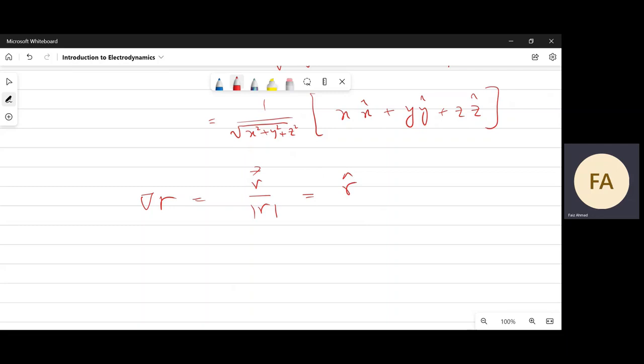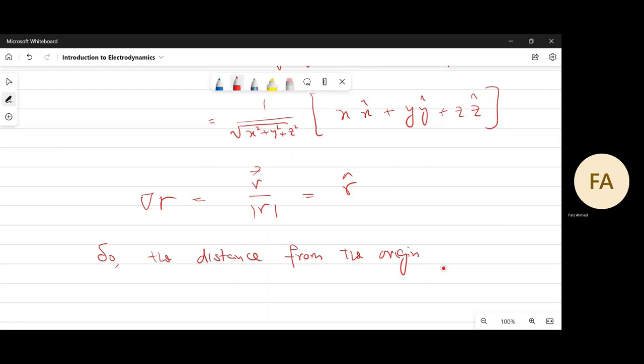So what it's going to tell us is that the change in the distance from the origin is maximum in the direction of r, or unit vector r.